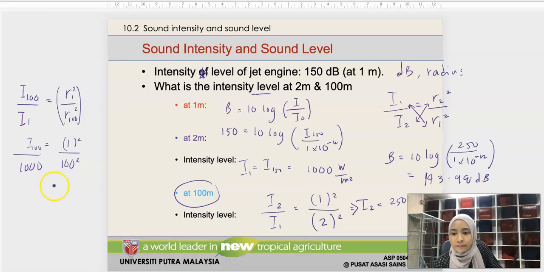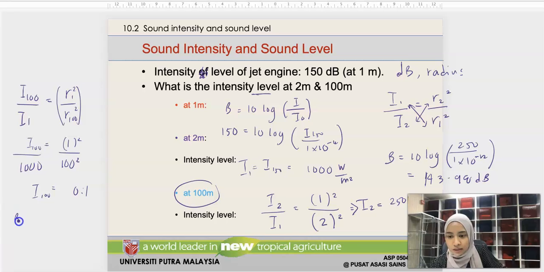So I at 100 meter is 1 divided by 100 squared times 1000, which equals 0.1. So 100 meters away from the source, your intensity just becomes 0.1. Initially it was 1000, and then it became 250 at 2 meters away. Then it became 0.1, 100 meters away.